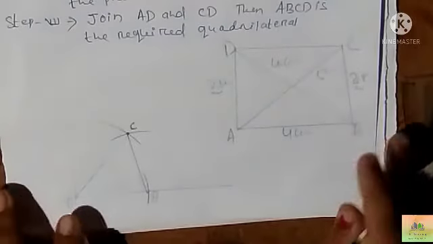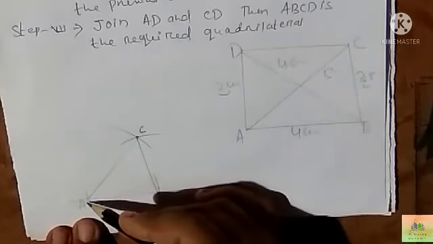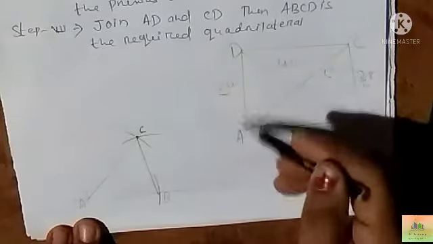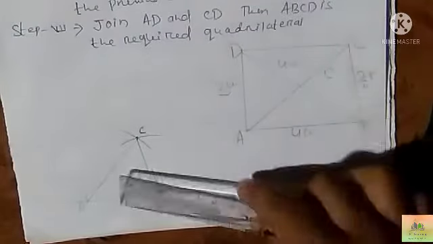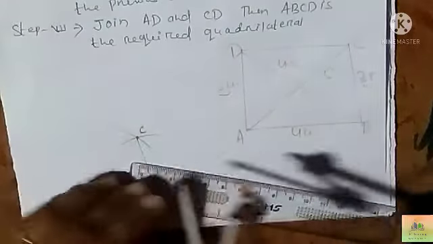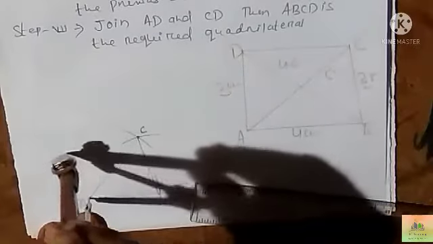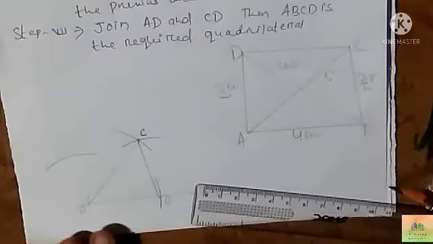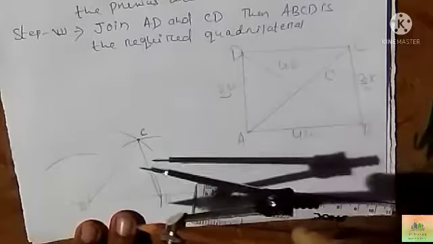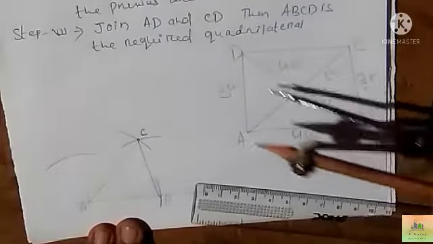Then with A as the center again we draw another arc of 3 cm. Why? AD is equal to 3 cm. So we measure 3 cm and at the center A we draw another arc. Similarly, because we do not know CD, we use the other diagonal BD.